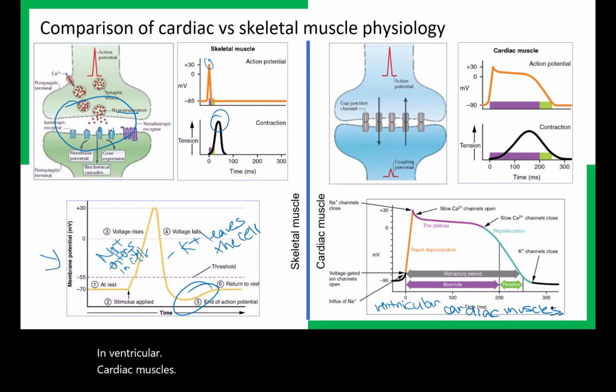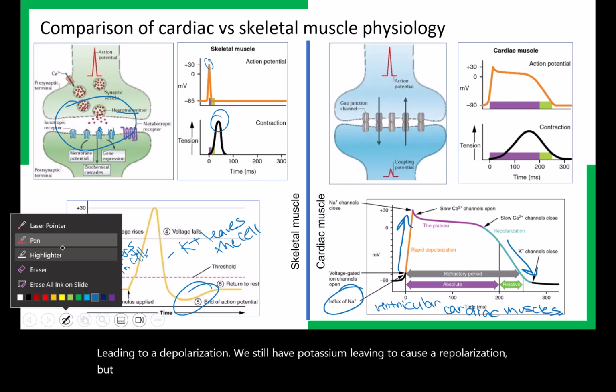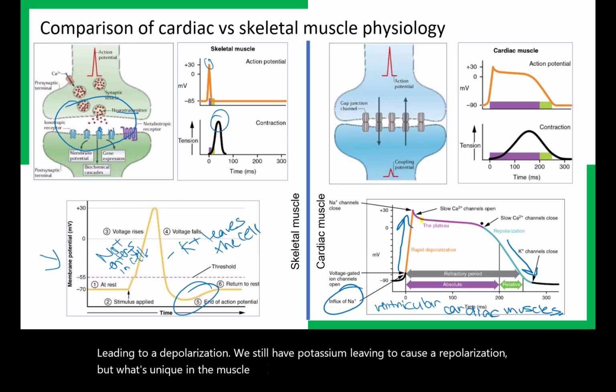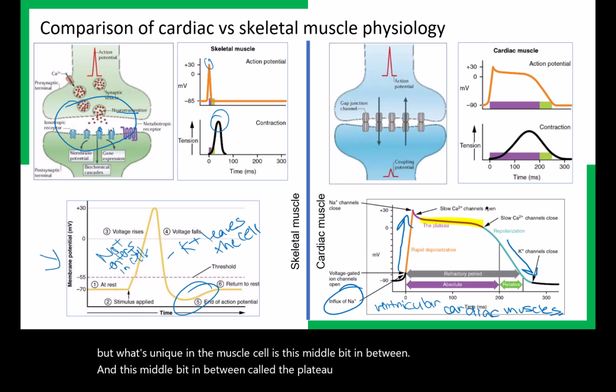And what we can see here is that we still have influx of sodium leading to a depolarization. We still have potassium leaving to cause a repolarization. But what's unique in the cardiac muscle cell is this middle bit in between. And this middle bit, called the plateau, is present because calcium channels are involved.